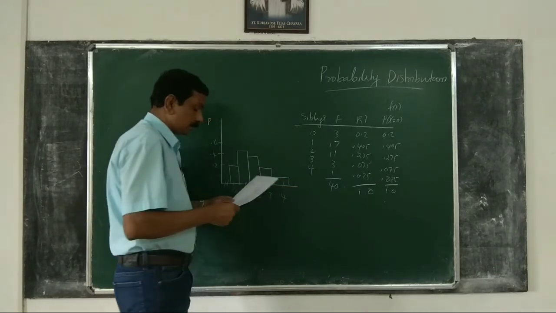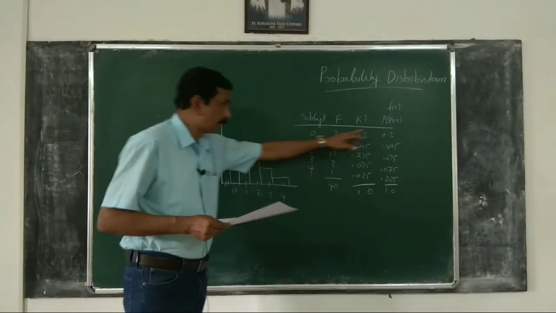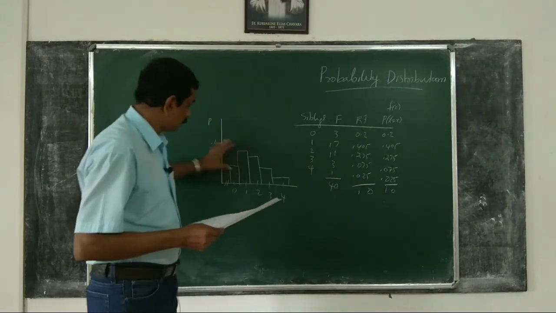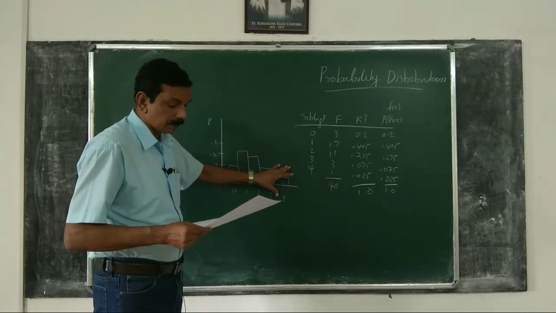And this is what is known as the probability distribution, and this is the probability histogram.